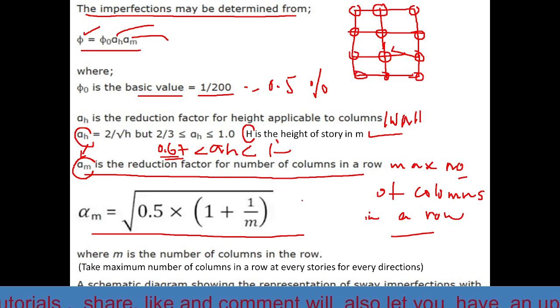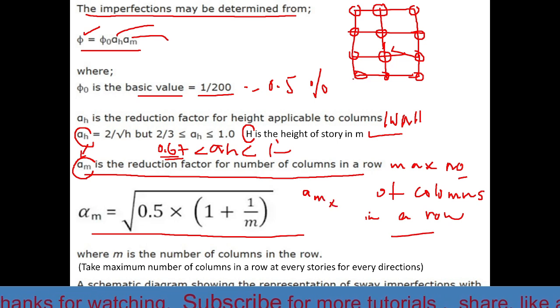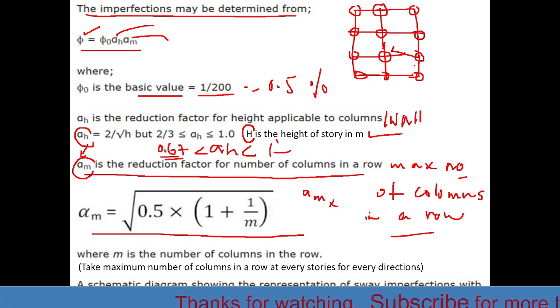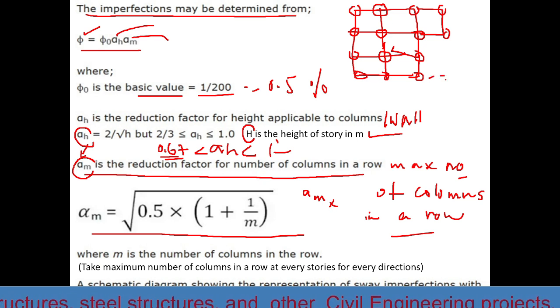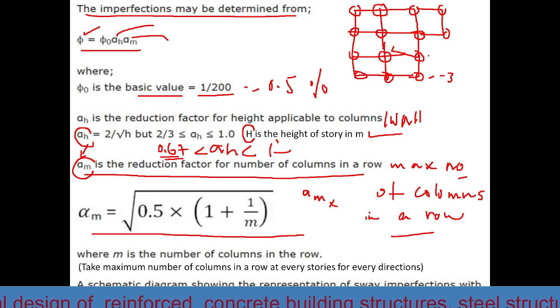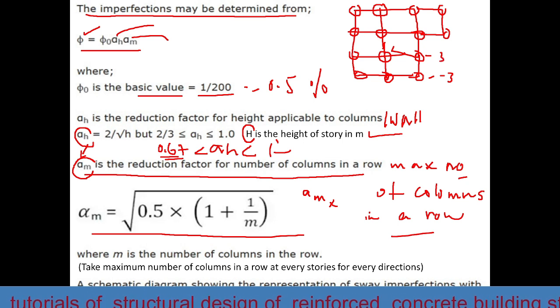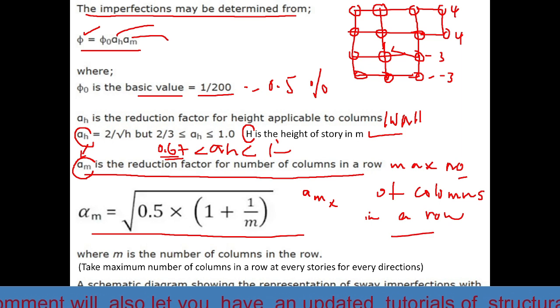So alpha m, maybe in the x direction. Alpha m in x direction, suppose we have this one. Alpha m for this axis is 3, for this axis it is 3, for this axis it is 4, and for this axis it is 4.